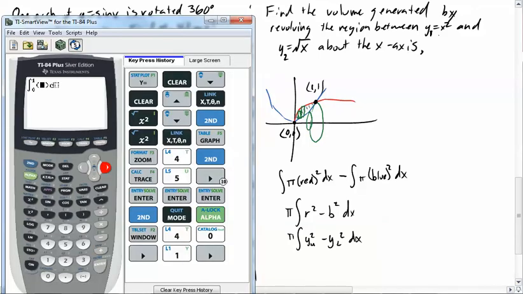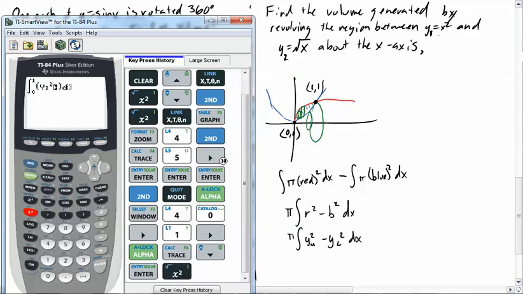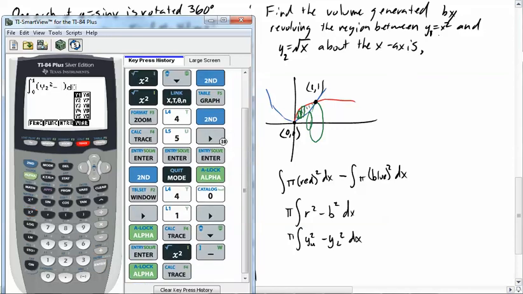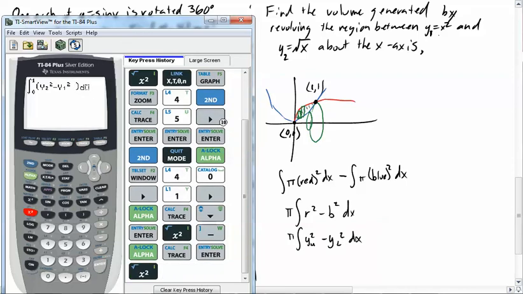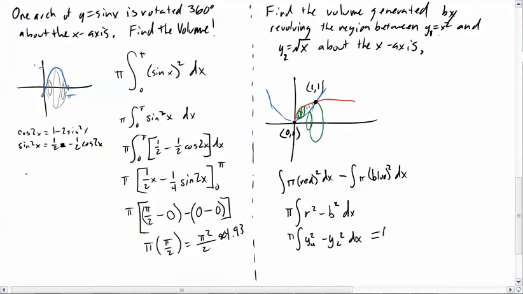So on my calculator, I'm going to go F4, and I'm going to do y2 squared minus y1 squared, and then I'll put in my dx, and I push enter, and it gives me 0.3.